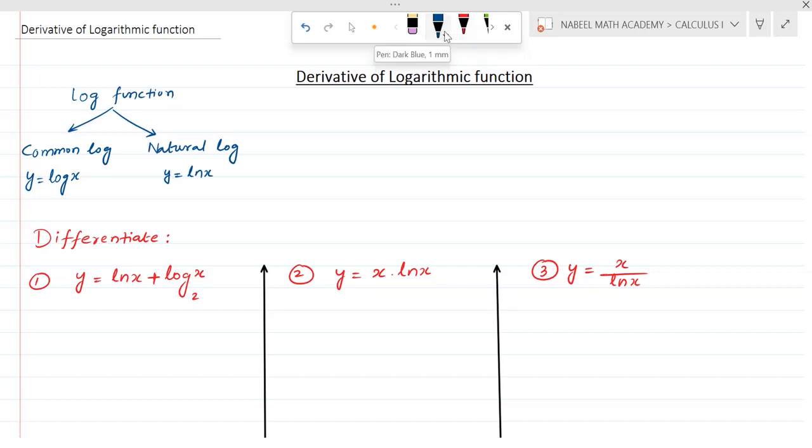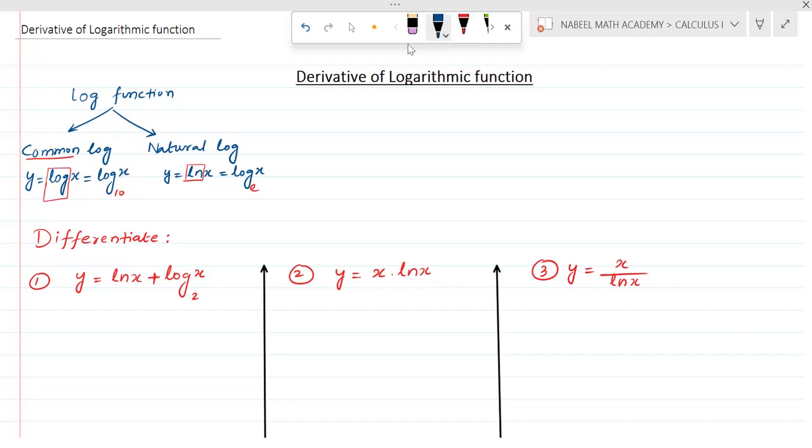The only change you will have is the base. Whenever you have a common log, it is base 10, so I can write it as log x with base 10. When you have base e, we say it is ln. This is the only difference between the natural and common log.